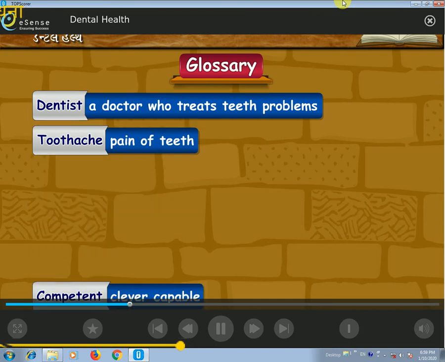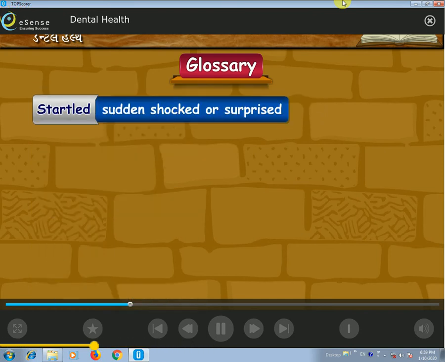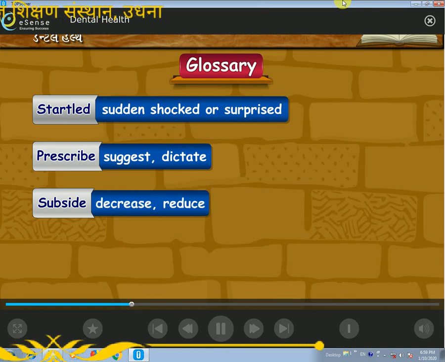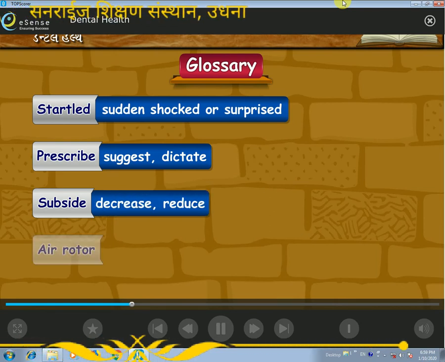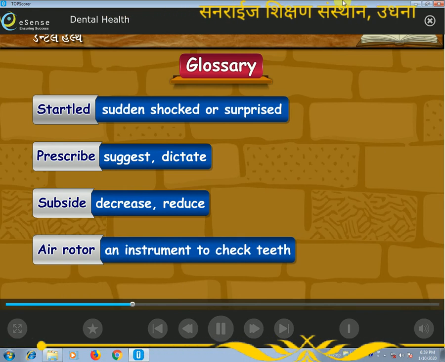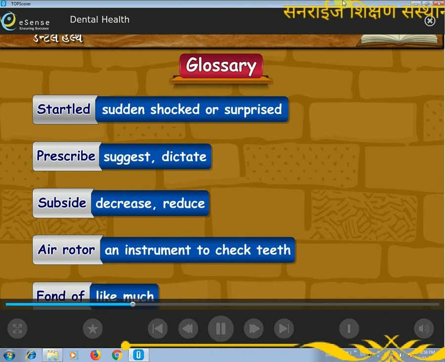Let us find out the meaning of some difficult words. Dentist, a doctor who treats teeth problems. Toothache, pain of teeth. Competent, clever, capable. Spot, dot. Cavity, hollow.